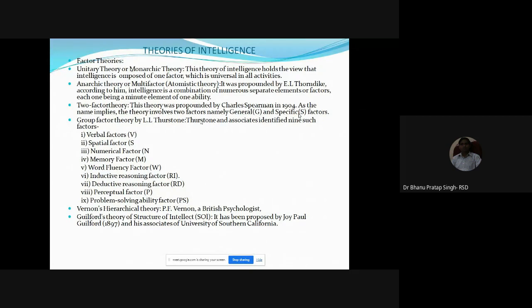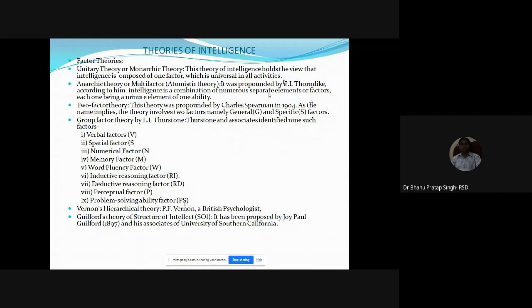And one more theory is given by Thurstone, and he defined there are nine factors which affect the intelligence. One is verbal factor, spatial factor, numerical factor, memory factor, word fluency factor, inductive reasoning factor, deductive reasoning factor, perceptual factor, problem solving factor. And one more theory is Vernon's theory.